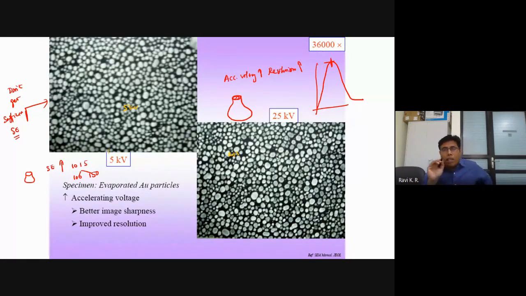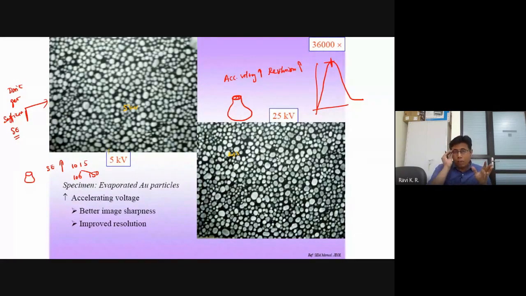So you cannot define that changing the acceleration voltage will give a better image. It's not like that. Generally by decreasing you will get a better image, but some samples may require you to increase it. So depending on the sample that you are observing in a microscope, you have to change all these parameters.